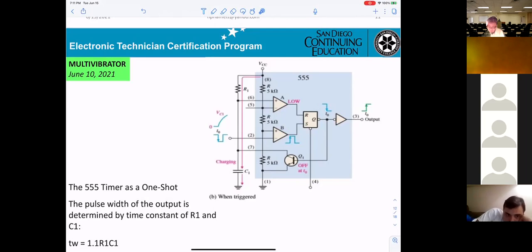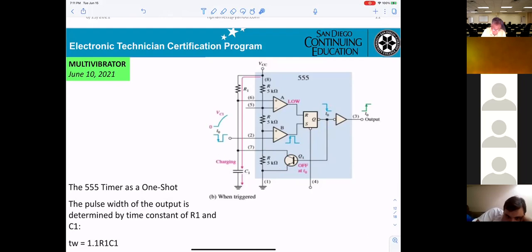So when they go 1 in here and it goes to 0, this transistor will be off. That means it does not connect pin 7 to the ground.